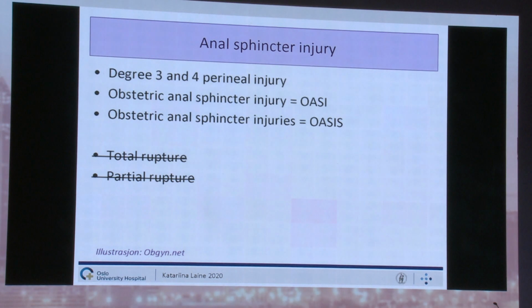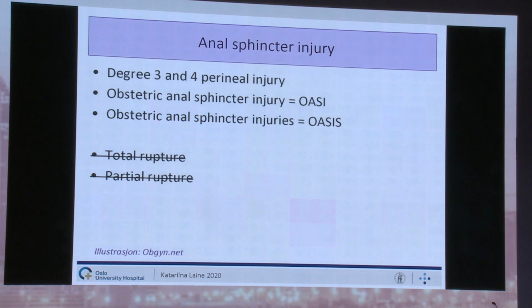The largest injury is the 4th degree with the opening between vagina and rectum, which also is the highest risk for later anal incontinence.